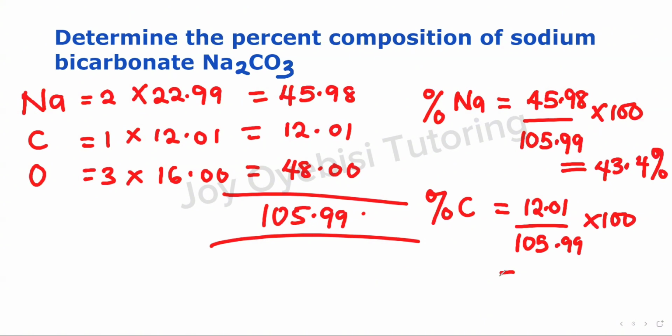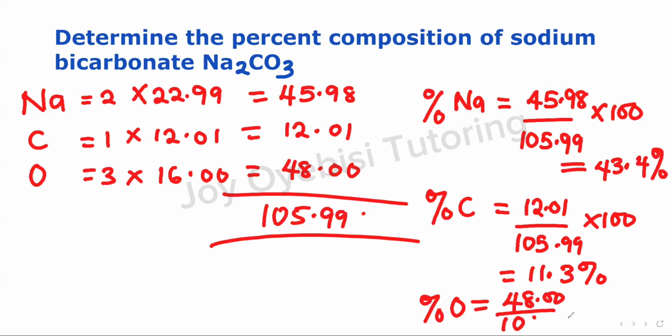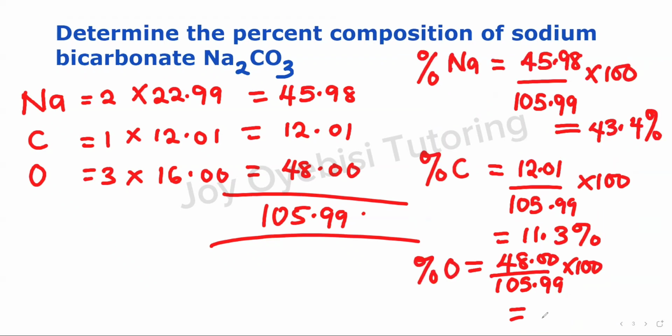That gives me 11.3%. And the last one, percent oxygen, would be 48 divided by 105.99 times 100, which is 45.3%. So that would be the percent composition of the elements in that compound.